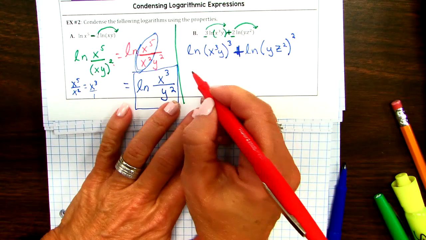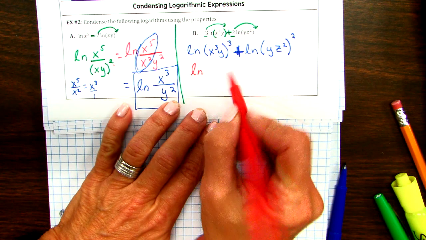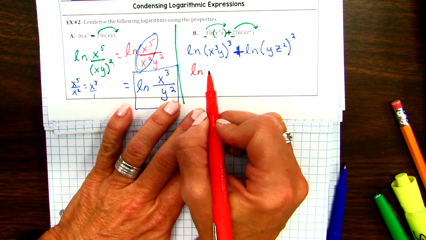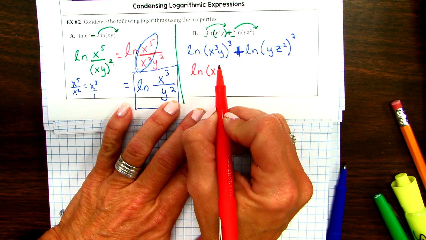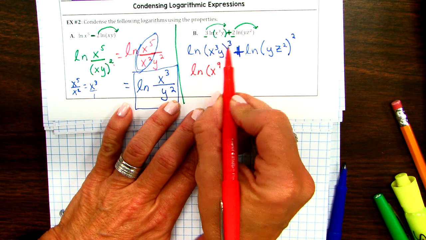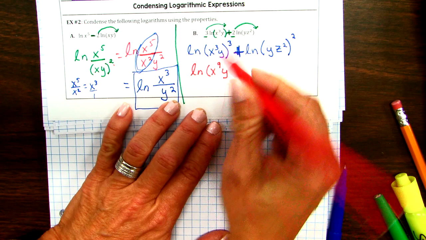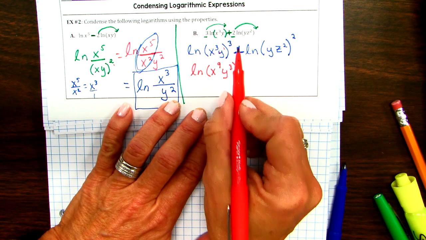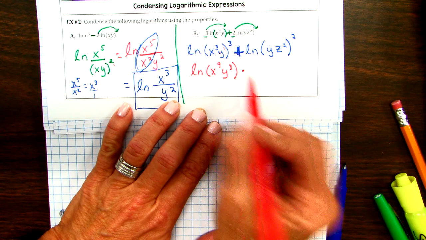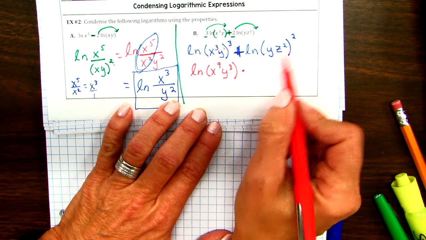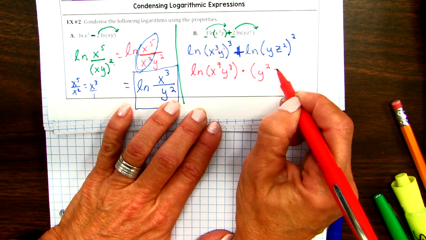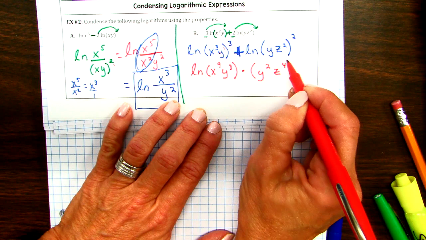Let's not forget, though, that when you have a power already, you multiply. So this is going to become x to the 9th, 3 times 3. Y to the, that's a 1 right now, 3rd. Plus is going to become times this guy. Y to the 2nd, z to the 4th.